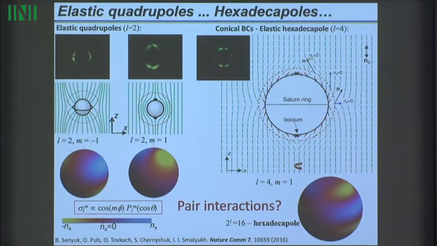But not only can we have dipoles and quadrupoles like in these cases in here, we can also have hexadecapoles, where the tilting of the director, or the sign of the x component of the director, is changing within each quadrant, and that is analogous to a charge distribution corresponding to an electrostatic hexadecapole, as in this case in here.